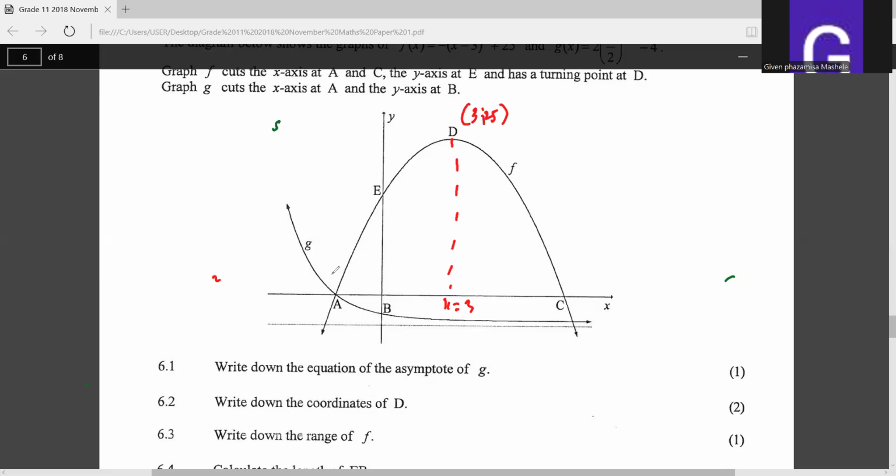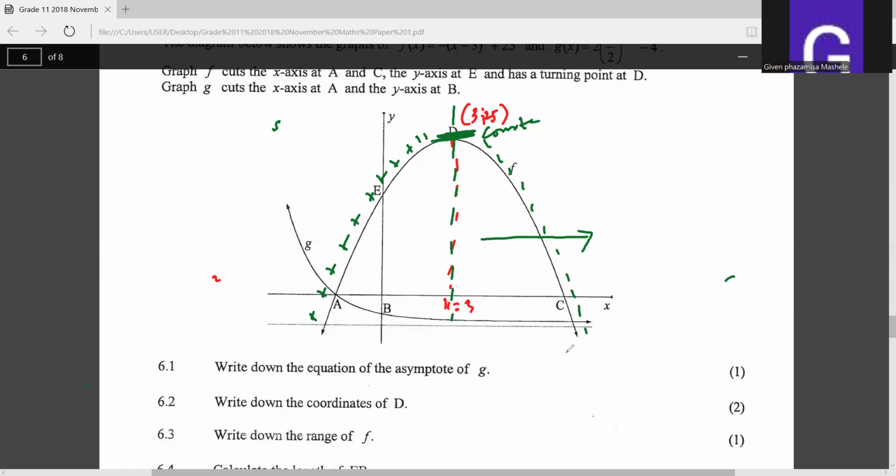When we try to analyze where the graph is actually decreasing, look, from this point the graph of f is increasing. But here, the graph is not increasing and it's not decreasing because it's at the turning point. It means the graph is constant or stationary. But at this other side, the graph is decreasing. So the graph will decrease when x is bigger than 3, but not including 3.